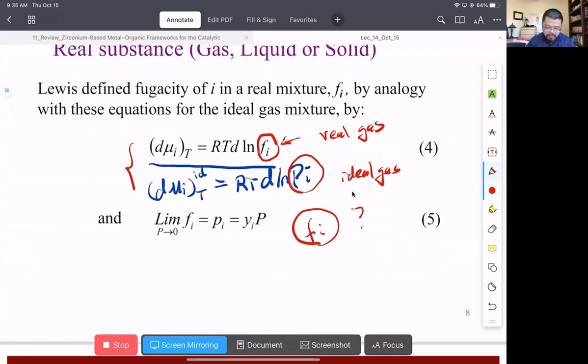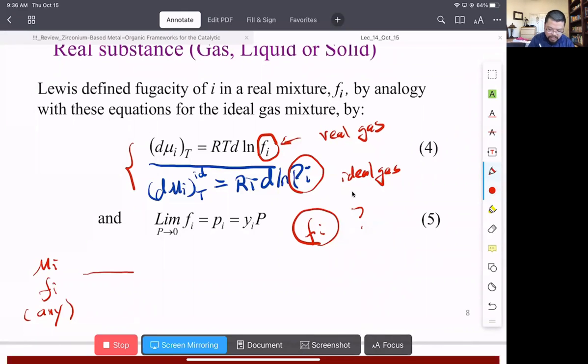So if I write down the chemical potential for fugacity, that could be for any phase, whether this is the gas, liquid, or even solids. We should always have those definitions of chemical potential and fugacity.